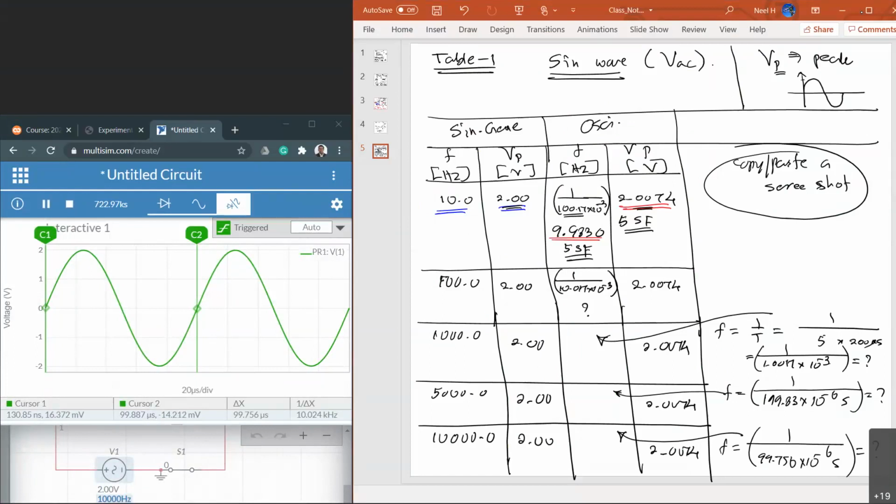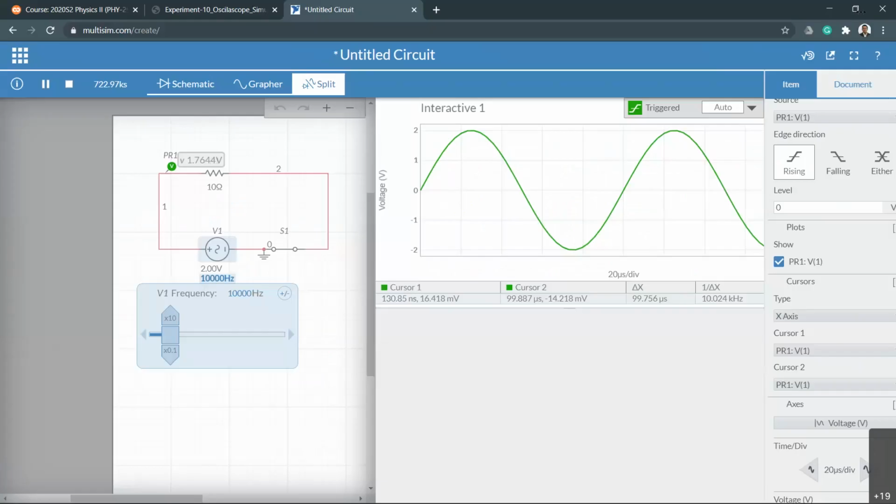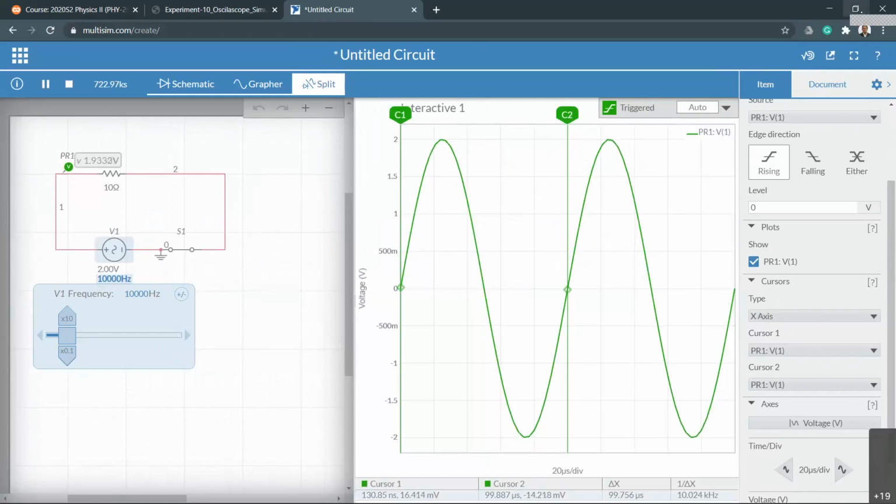Okay, any questions so far? Okay with that? You can do this in your Excel page, right? If you have an Excel sheet set up, this calculation will be very easy to do.